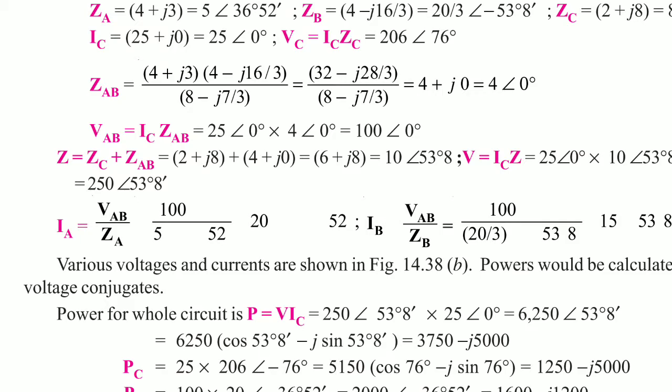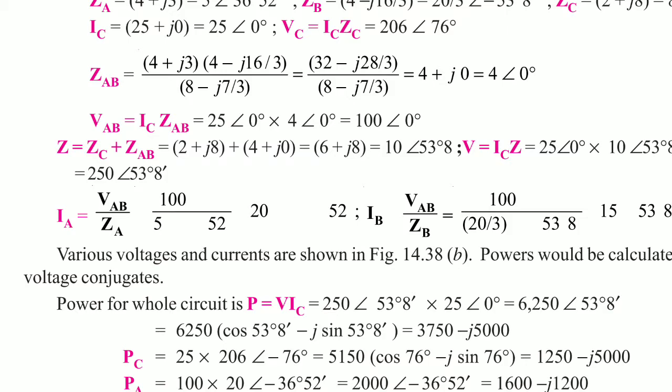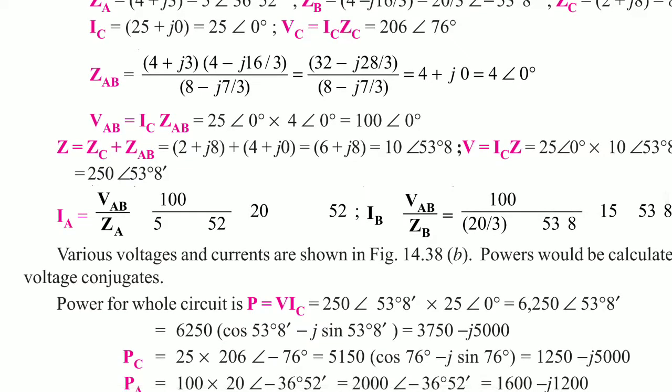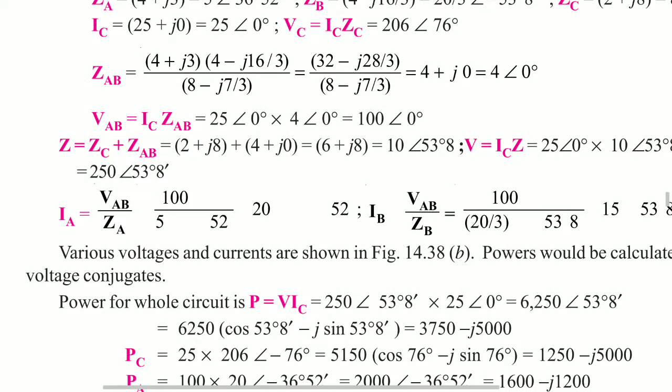So now we get, what is that? 100 divided by 5 is 20. The 36 degrees is in the denominator, so converting to the numerator gives the minus.